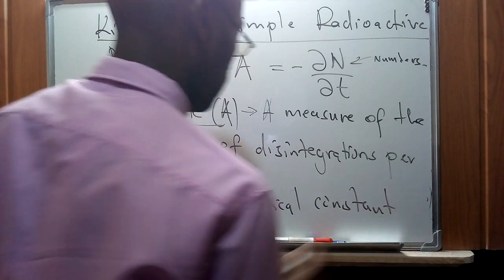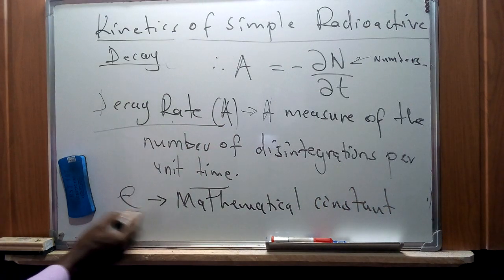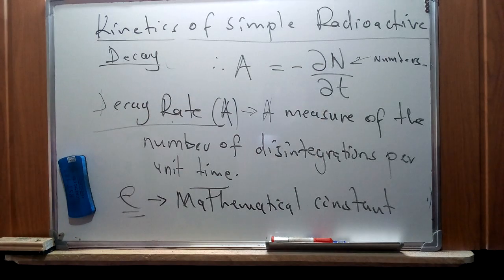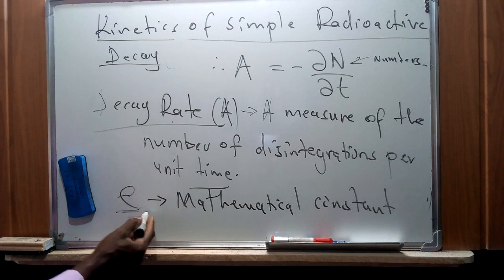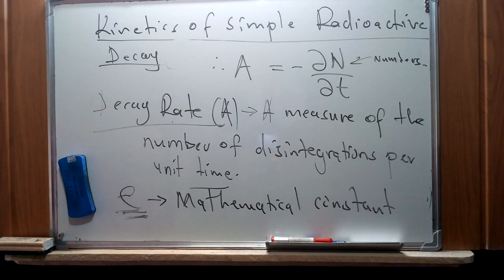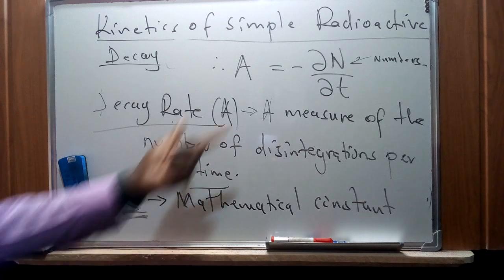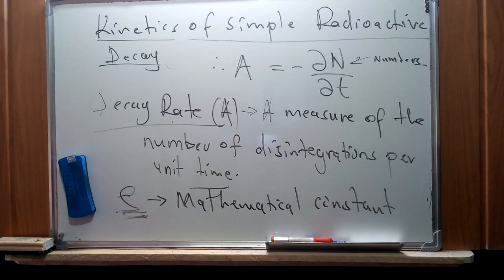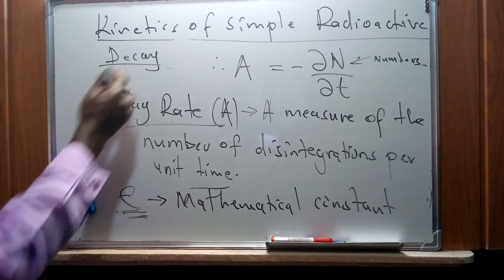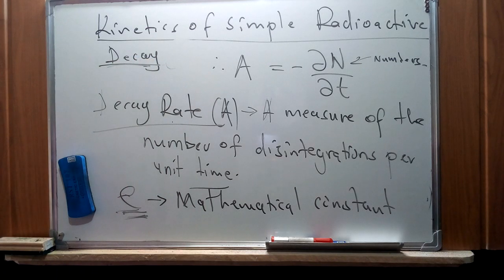I've intentionally introduced this concept because this particular discussion about the rate of disintegrations per unit time is going to involve some of the laws which stem from the concept of logarithms. I've introduced this natural mathematical constant here because it is the base of natural logarithms, used especially in concepts relating to exponential growth or decay, in this case for radioactive materials.